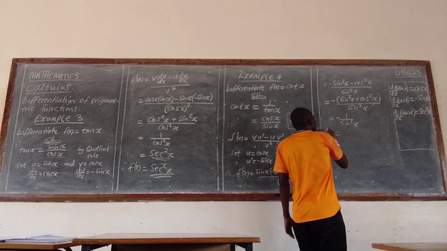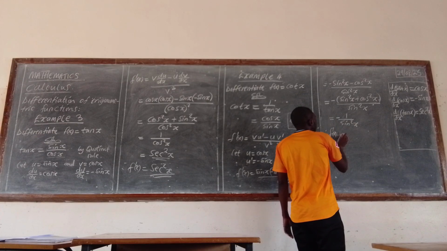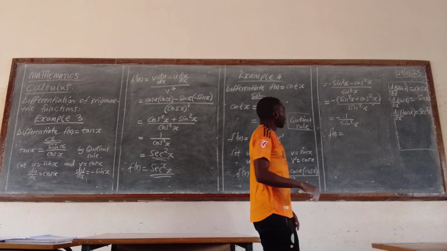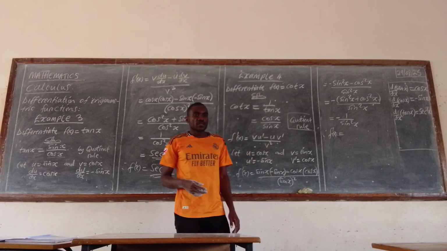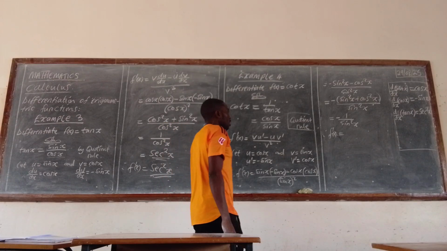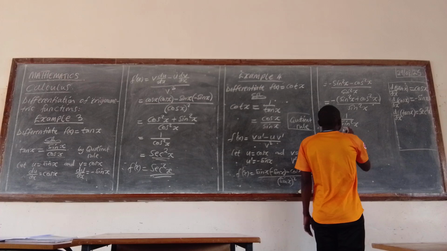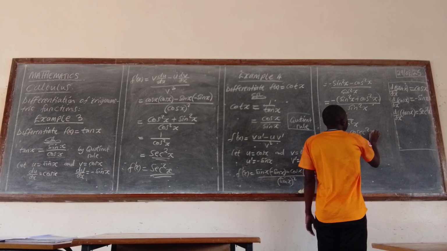Therefore, our f prime of x is going to be, what is the 1 over sin squared x? This is just the same as cosec squared x. So we're going to say this is the minus cosec squared x.